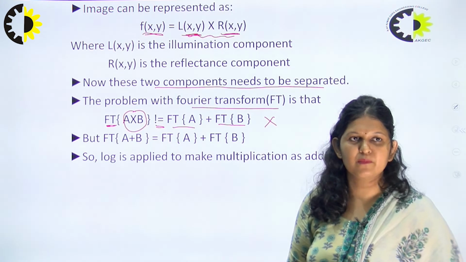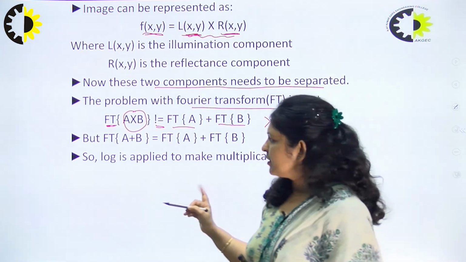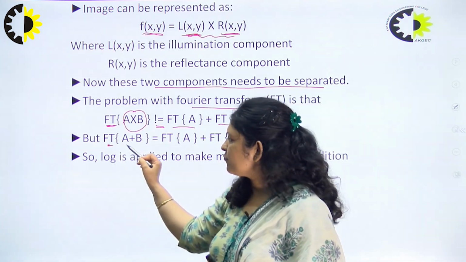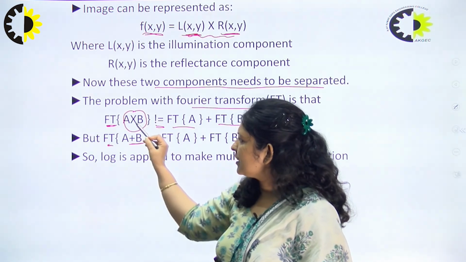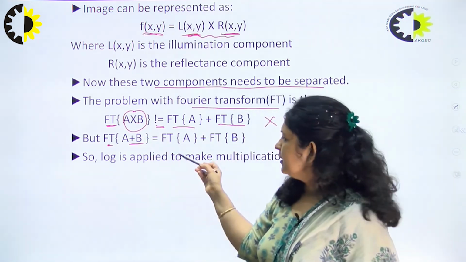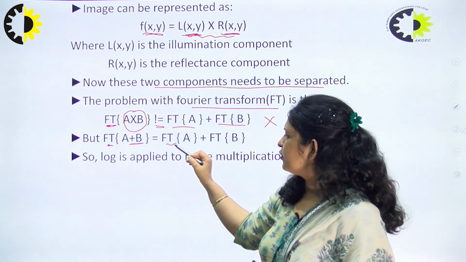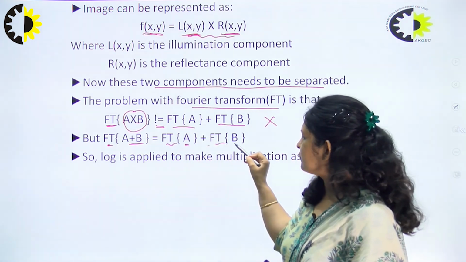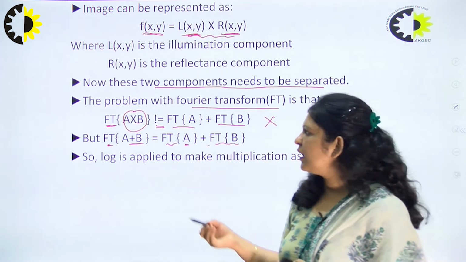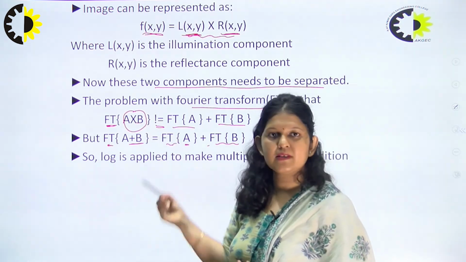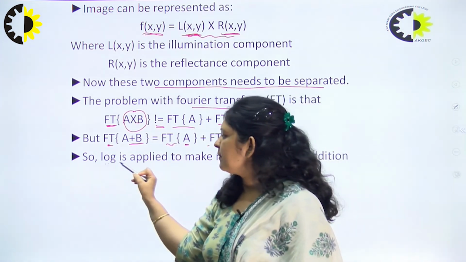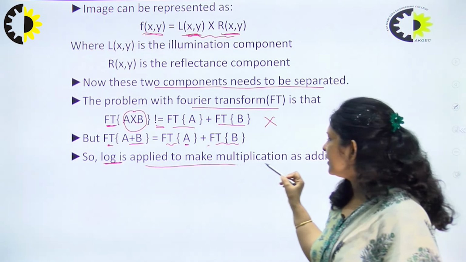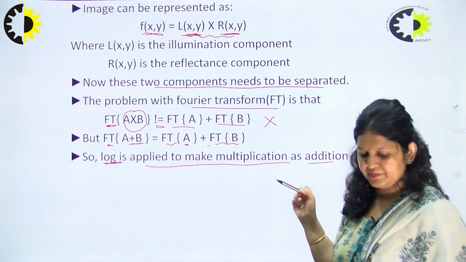But the Fourier transform of A plus B is equal to the Fourier transform of A plus the Fourier transform of B. Now how can I convert A cross B to A plus B? We can apply log to make multiplication an addition.